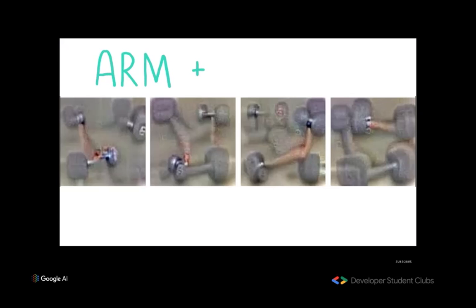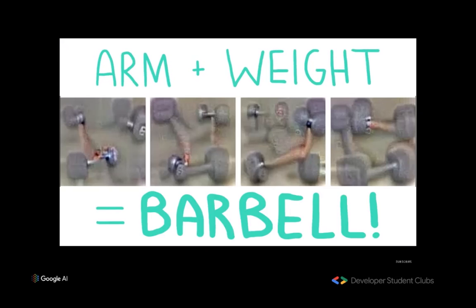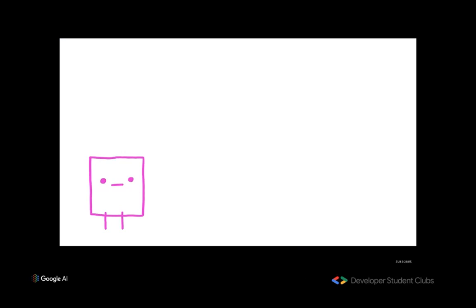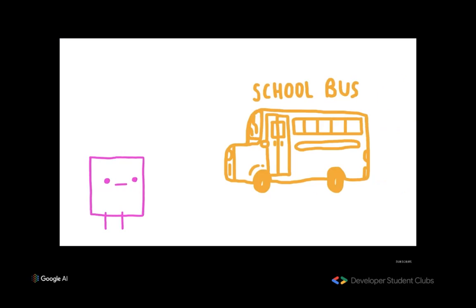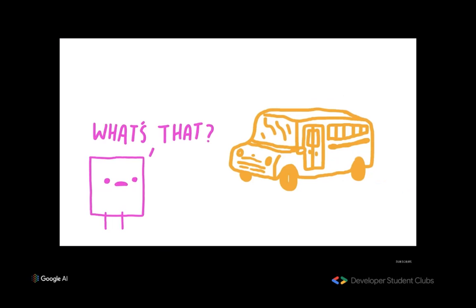So the model only learned what barbells were from looking at pictures of barbells, and they're often held by muscular weightlifters. And so it learned that barbells have arms attached to them. It takes them a long time to learn. If you show it a picture of a school bus when it's early in learning, the very next time you show it a picture of a school bus, it's only a little bit more likely to say school bus.